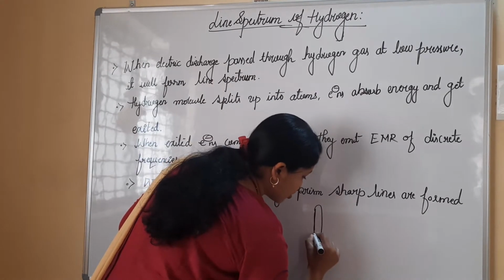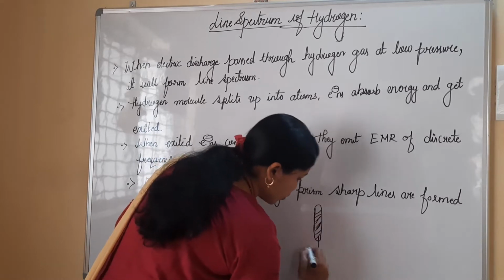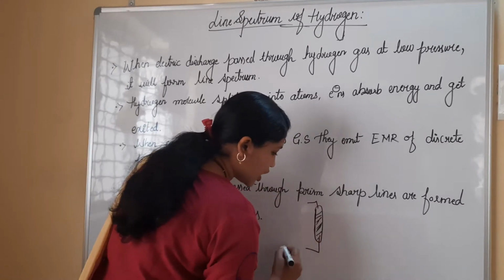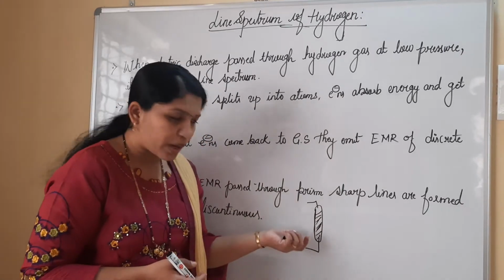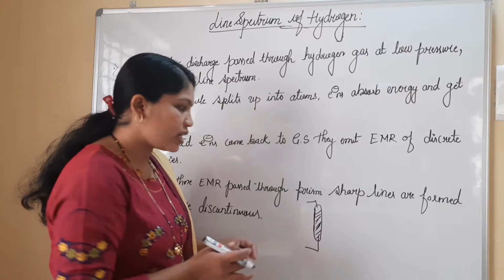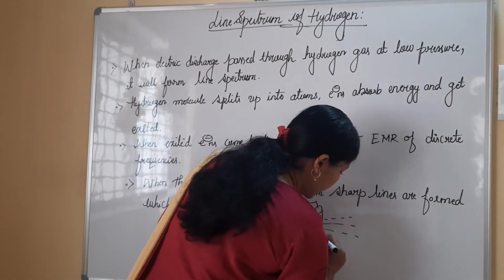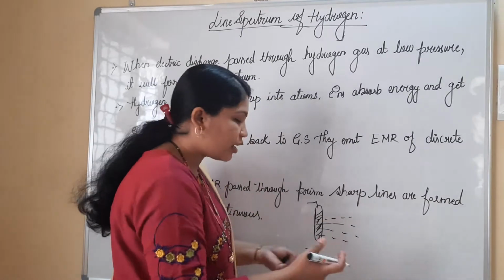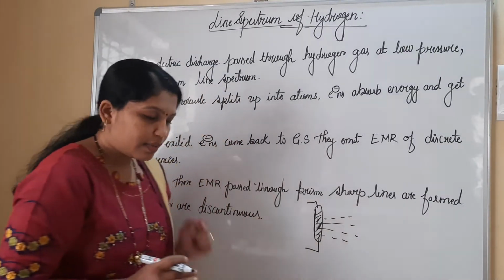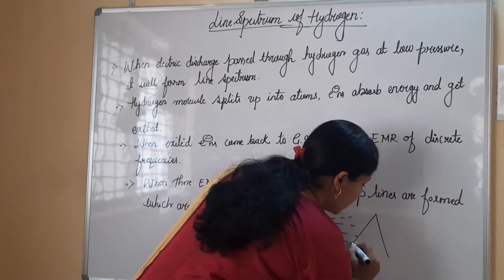This is the glass tube in which we have filled hydrogen gas. It is connected to the electric discharge, where high voltage is provided. When voltage is provided here, we observe electromagnetic radiations emitted from the glass tube. Those emitted radiations are passed over the prism.